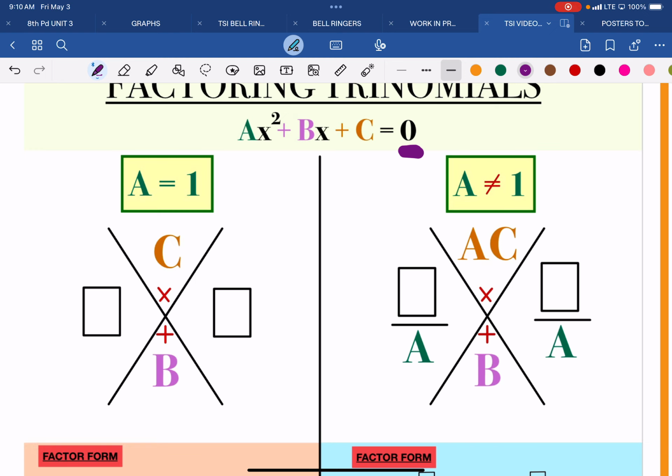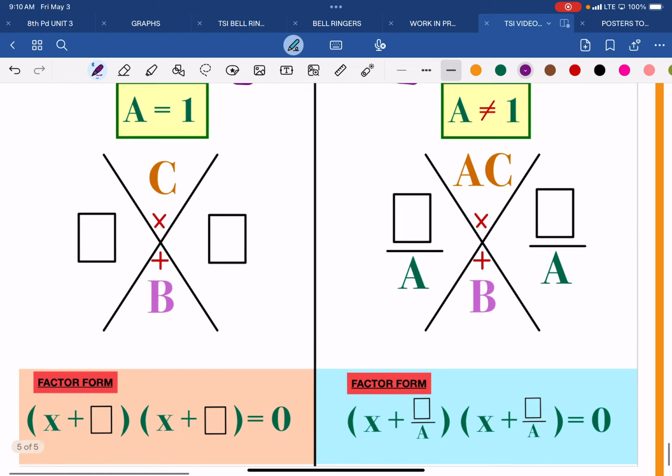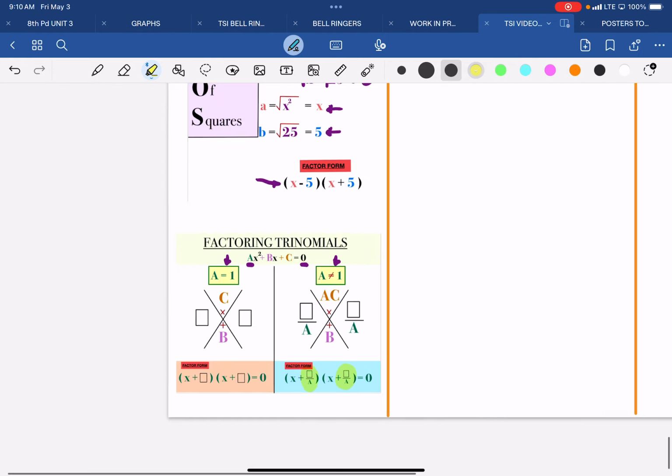Remember there are two ways of factoring trinomials: one if a is 1, and another if a is not 1. Remember both methods. You write them in factored form. Remember, when a is not 1, we have to reduce that. Understood? And then we continue working through that.